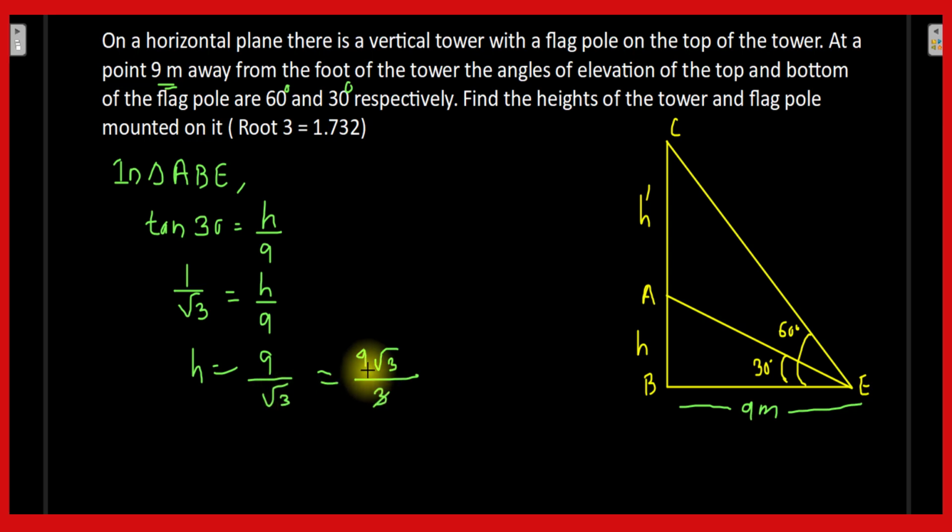So 3 ones are 3, 3 threes are 9, that is equal to 3 root 3. So height is equal to 3 root 3. Put the value of root 3 as 1.732. So 1.732 multiplied by 3 is equal to 5.196 meter.